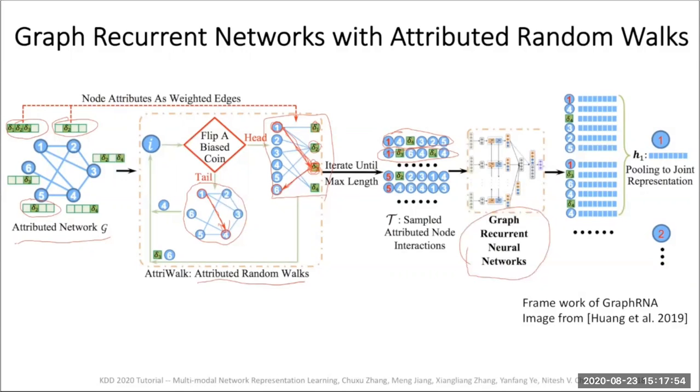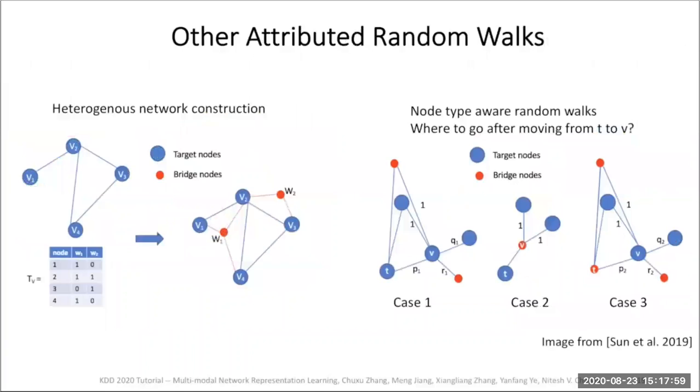Then pooling is used to get the final representation for the node. There are other ways to conduct the attributed random walks. Similarly, we can transform an attributed network to a heterogeneous network by preserving the target nodes and creating the bridging nodes. And these bridging nodes are connected to the target nodes if the feature appears in the nodes. And we can conduct random walks on this heterogeneous network by considering 3 different cases.